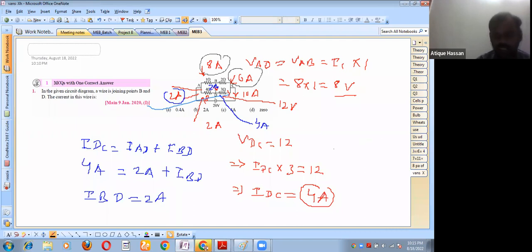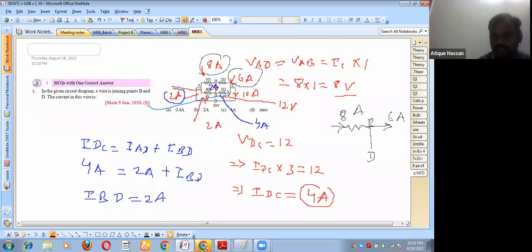Here you have 8 ampere, this point is B and this is D, and here we have found 6 ampere. It means 2 ampere current is moving downward. Getting my point or not?